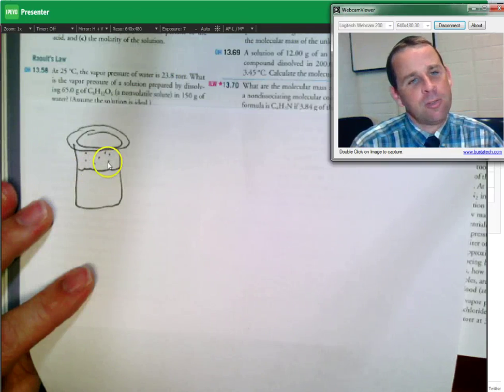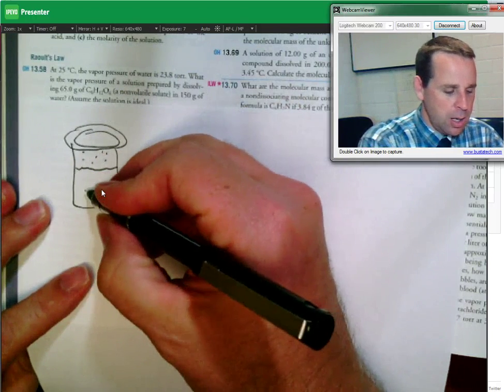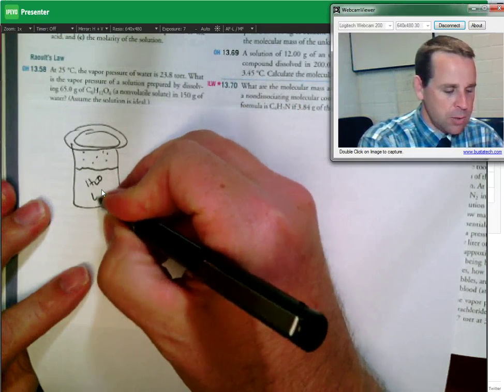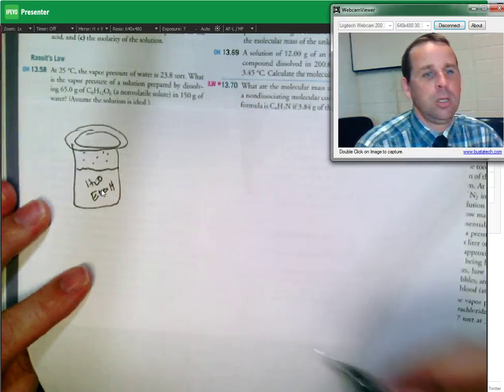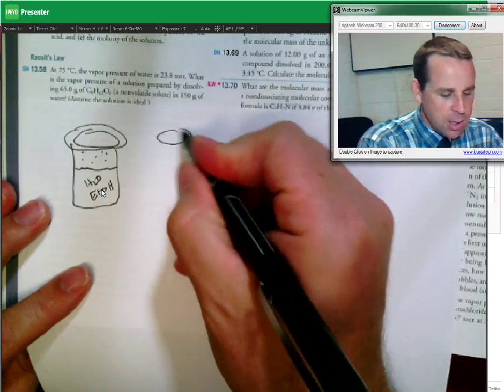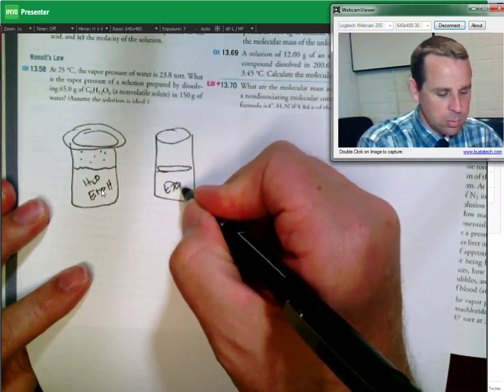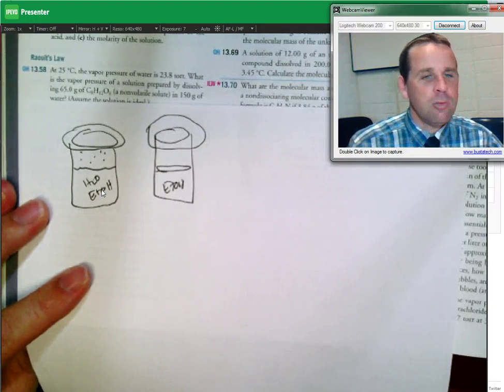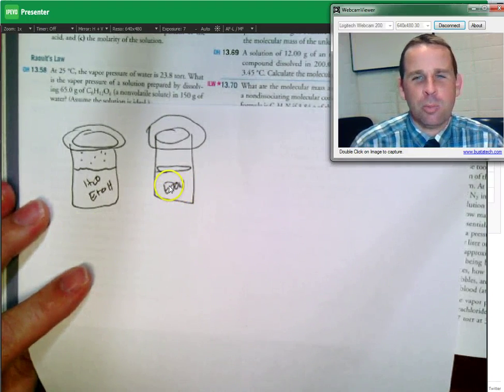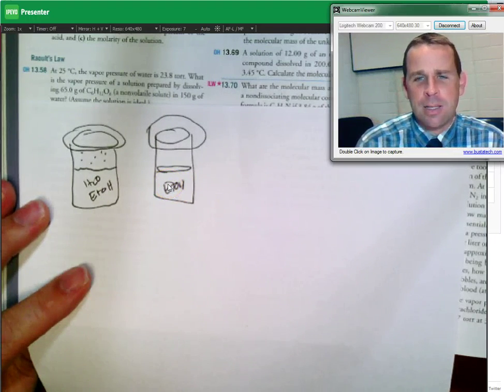Now, if I put some ethanol in here, so now I have not just water but some ethanol as well. If it was just another bottle with only ethanol, the vapor pressure would be higher because it has less intermolecular forces holding it together.